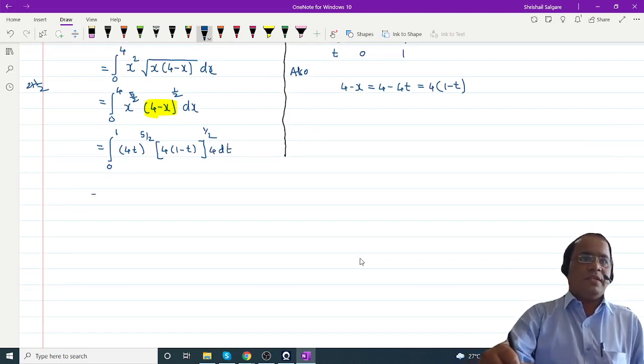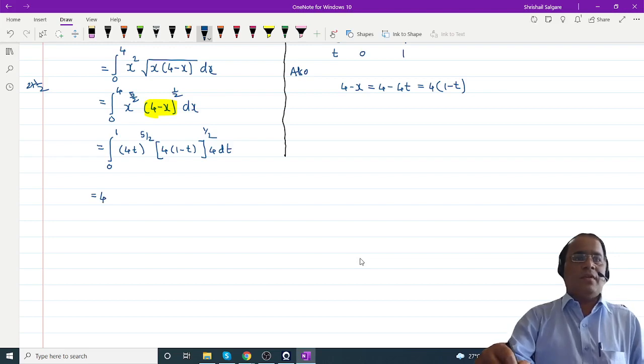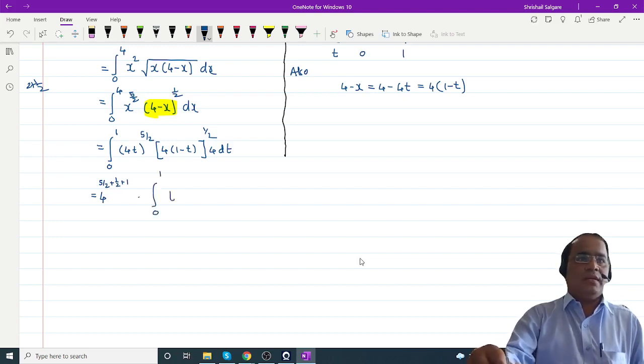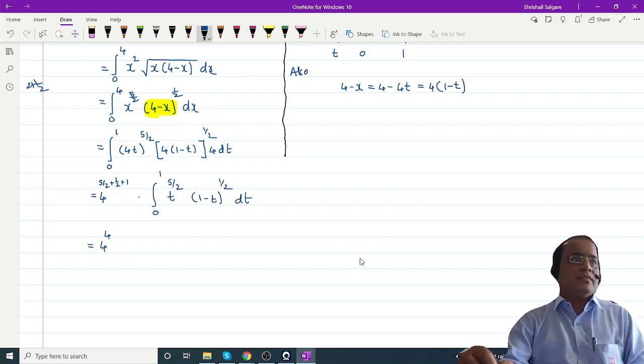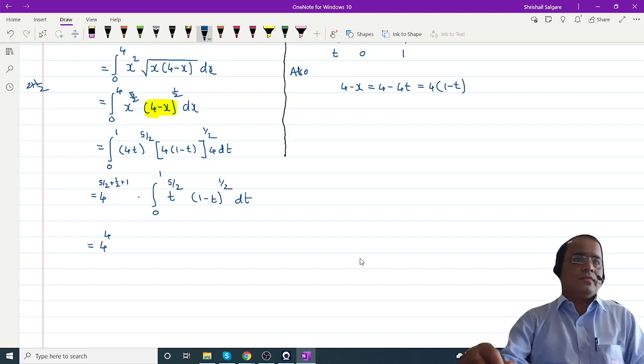Now from this, all together I will take 4 as common. The first power is 5 by 2, the second power is 1 by 2, plus 1, into integral 0 to 1 t raised to 5 by 2 into 1 minus t raised to 1 by 2 dt. So 4 raised to what will come? 5 plus 1 is 6 by 2, so 4 raised to 4. Correct? Confirm it? Yes, sir.